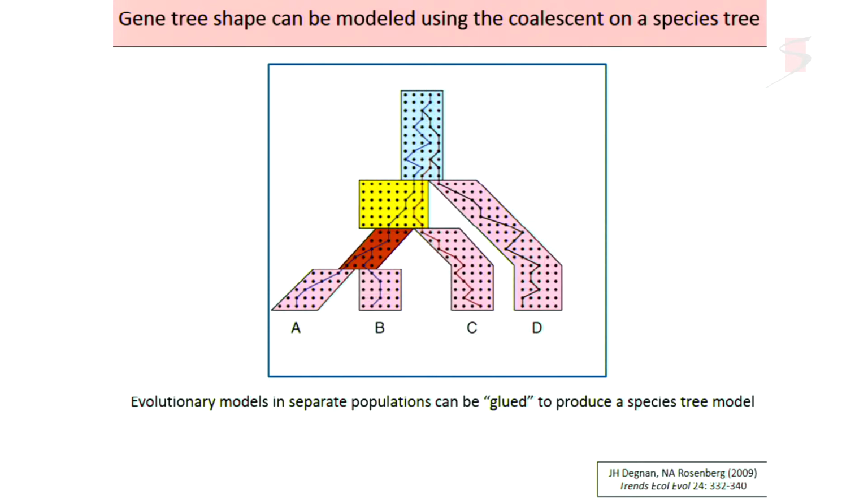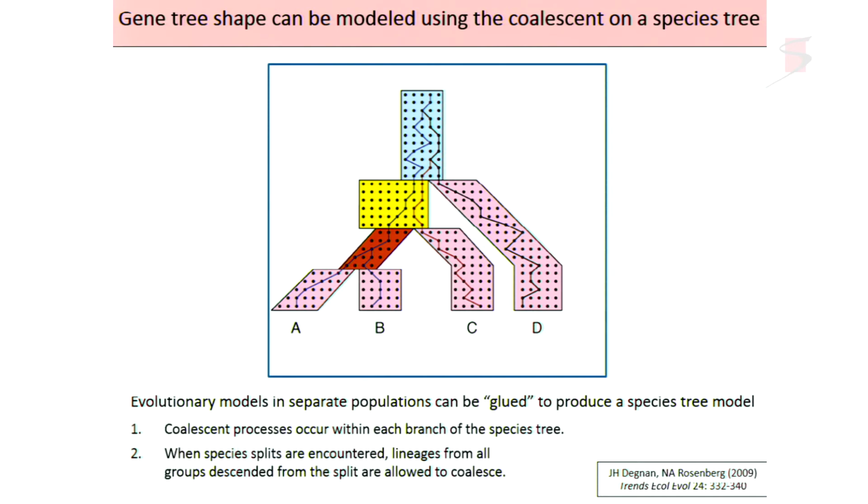So each of these different branches represents a population that's on the lineage, on the branch of a species tree, and we glue them together with a set of rules for what happens at the species boundaries. Okay, so we have coalescent processes happening within each branch, and when we reach a species split, going backward in time, lineages from all groups descended from the split are now allowed to coalesce.